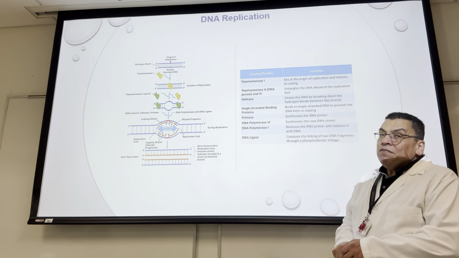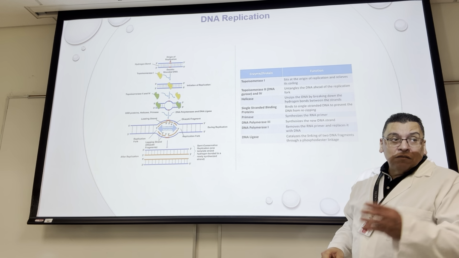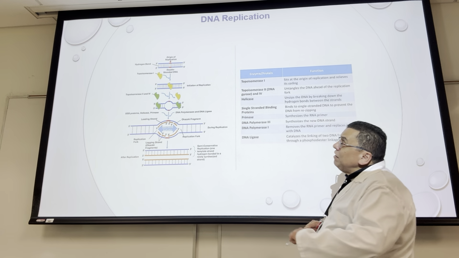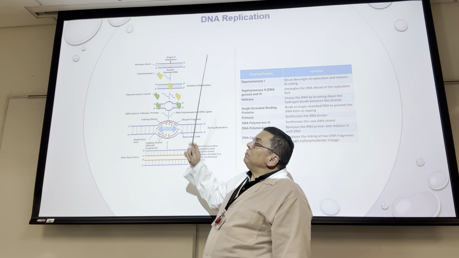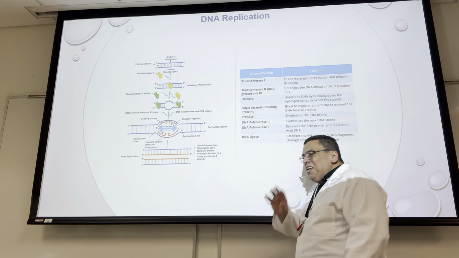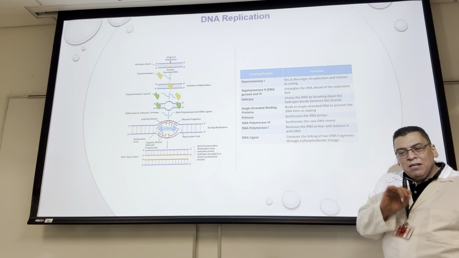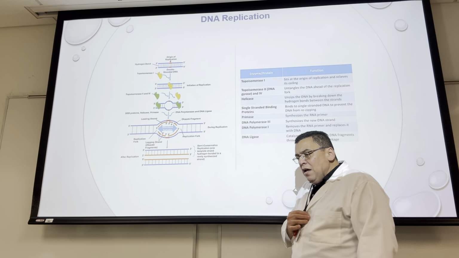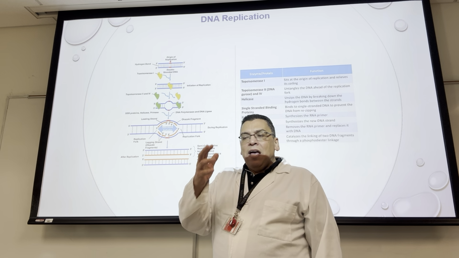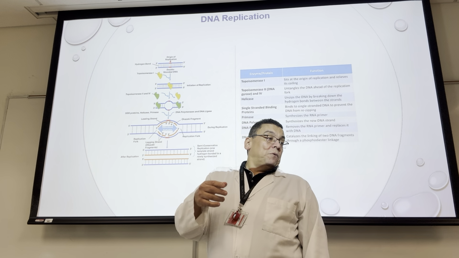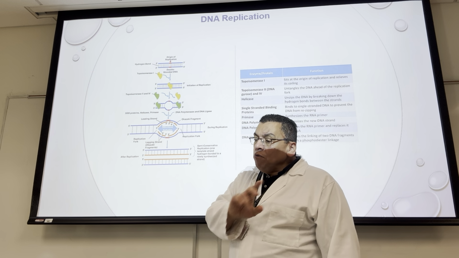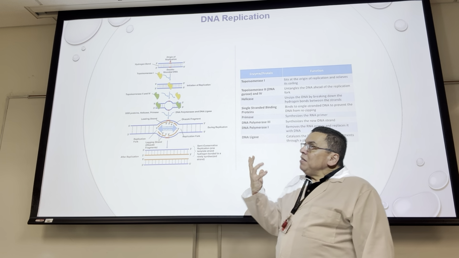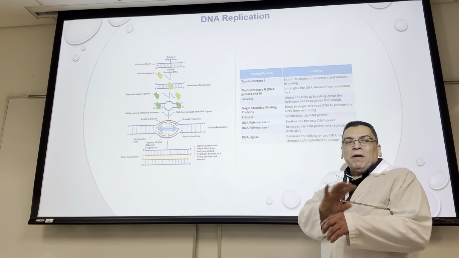The copying of the DNA has to start somewhere, and that somewhere is called the origin of replication. There's a specific sequence on the DNA that enzymes, as they're floating by, recognize and say, oh, there's the origin of replication. So it's just sequence based. A lot of these things are sequence based.